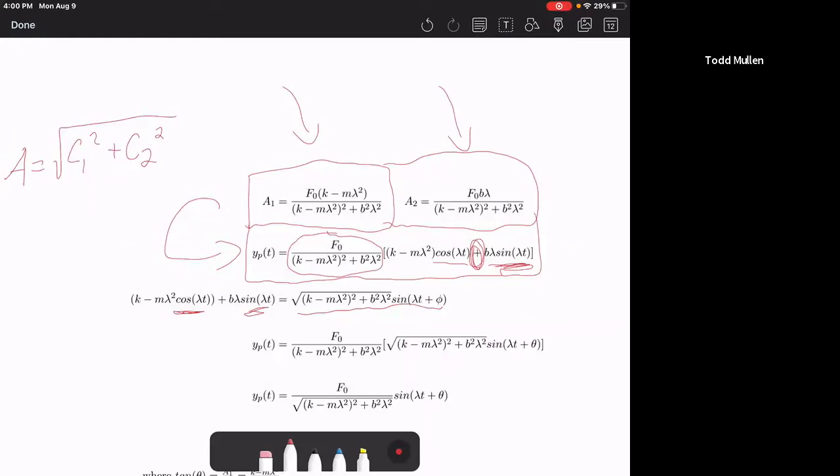So that's where we're getting these values from. K minus m lambda squared, that's our C1, and b lambda, that's our C2. You can see those values right here. Oh, and more clearly, right here.